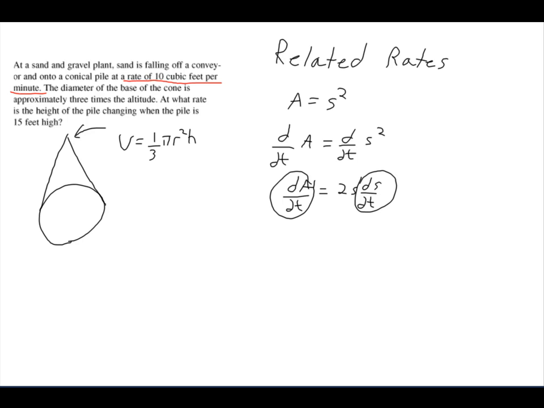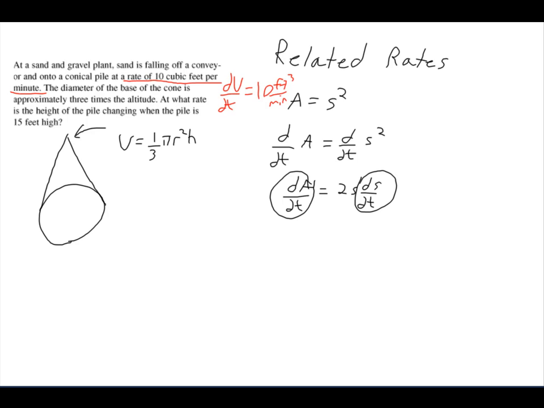First of all, when you see the term rate, you know you're probably dealing with one of your related rates, but it won't always be that obvious. When you see cubic feet, what units do we have cubed? It's normally dealing with volume. So we know that the change of volume, dV/dt, is going to be equal to 10 cubic feet per minute.